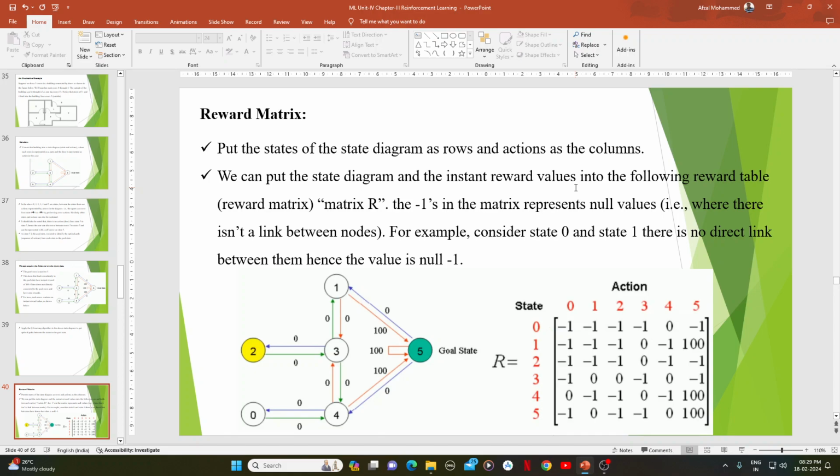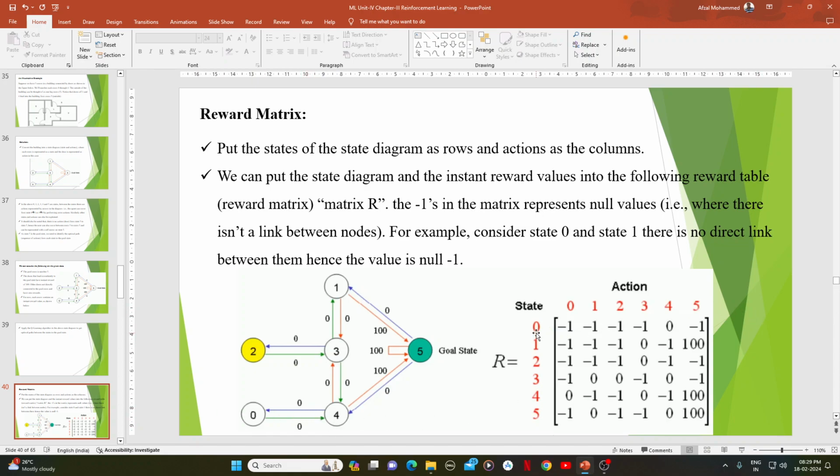So moving 0 to 0, no door, not possible. Moving 0 to 0 is an undefined case, so we make it -1. Here you can see that one, here -1. And moving from 0 to 4, there is a way. 0 to 4, 4 to 0, there is a way.